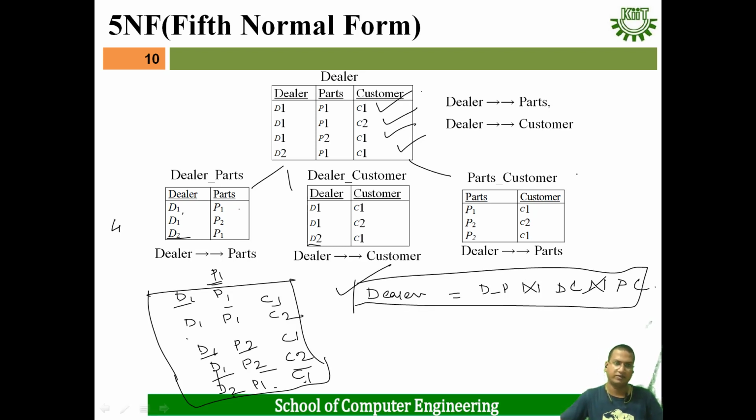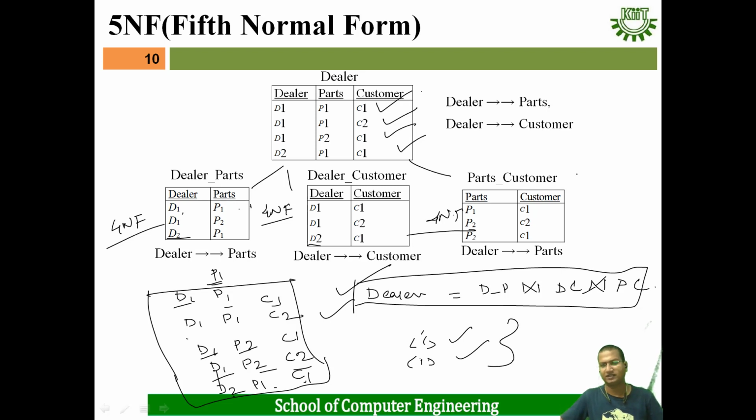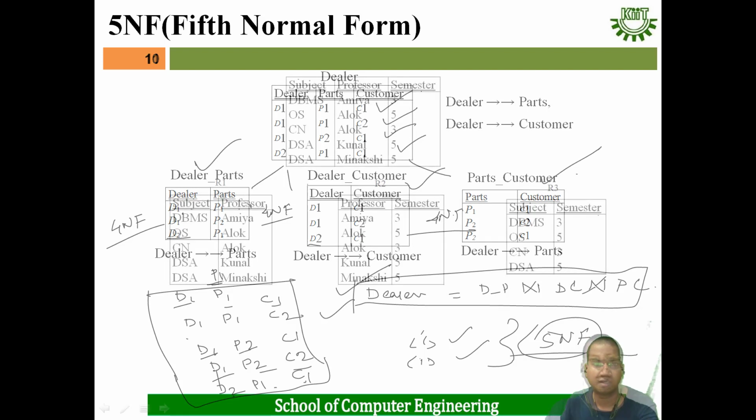And here all will be in 4NF. That means if all the relations are in 4NF and join dependency is present, both the conditions of 5NF are satisfied, so the relations will be in 5NF. That means dealer-parts, dealer-customer, and parts-customer all will be in 5NF. This is all about the fifth normal form.